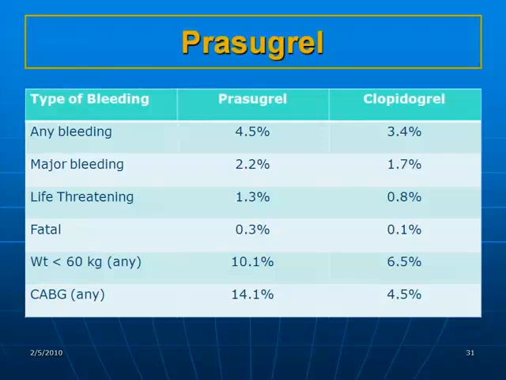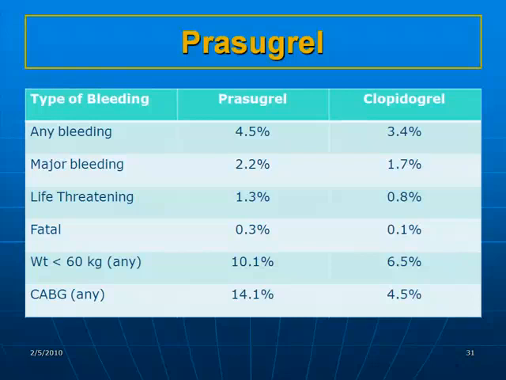Slide 31 basically shows the results of the main study that compared prasugrel to clopidogrel, called TRITON-TIMI 38. The excess risk of any bleeding was 1% higher with prasugrel than clopidogrel. The excess risk of life-threatening bleeding was 0.5% higher.